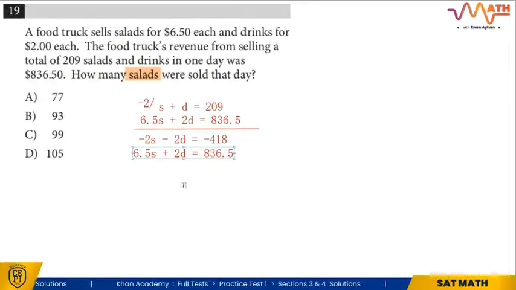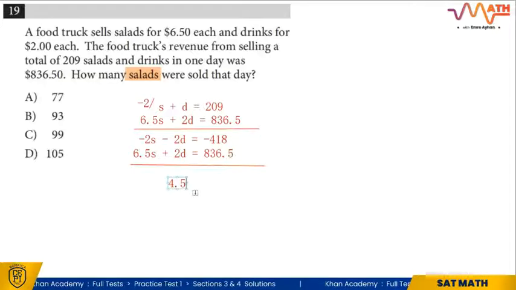And when we add them up, we have these simplified. How many S left? 4.5 S, right? 4.5 S is equal to, let me subtract, this is going to be 418.5.